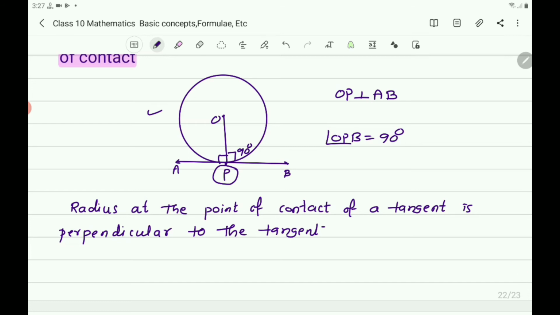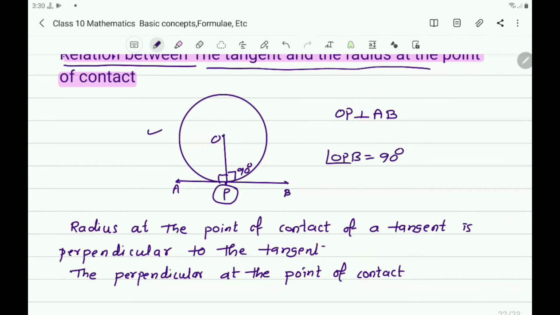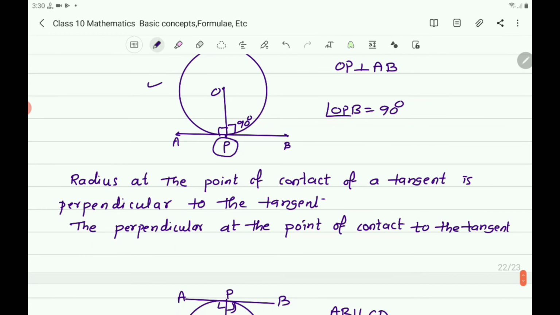So write: the perpendicular at the point of contact to the tangent to a circle passes through the center.